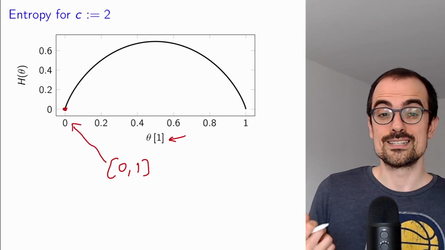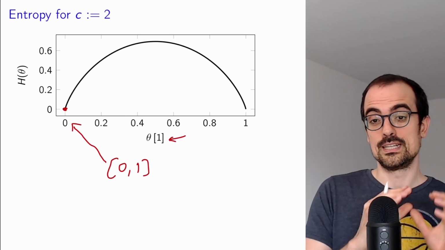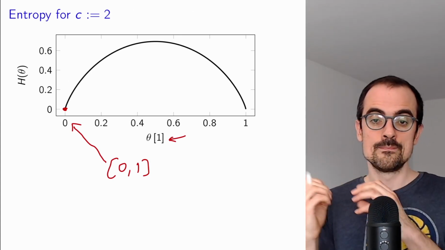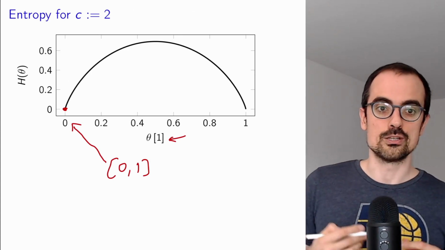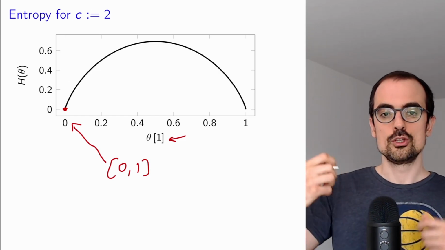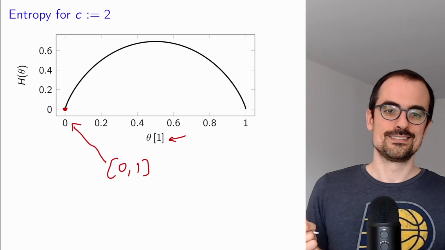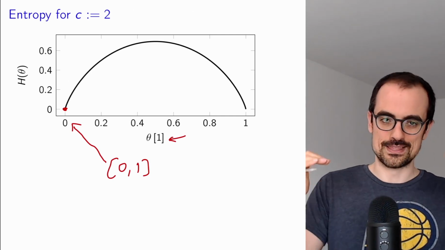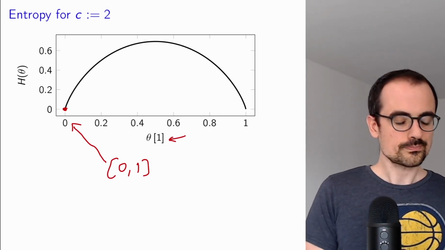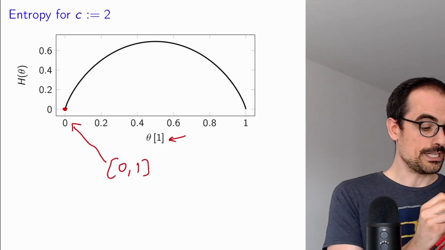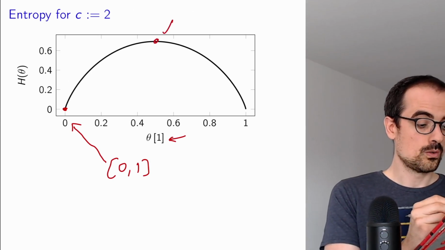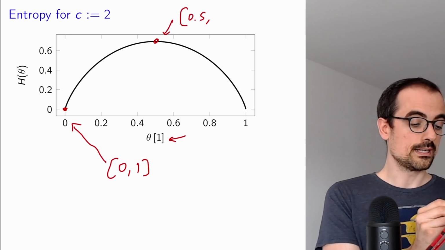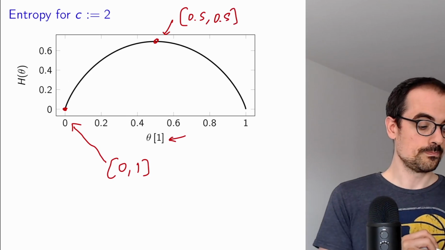Why? Because there's no uncertainty within the random variable, which in the framework of information theory, they connect uncertainty and information, because when the random variable is revealed, you have learned a lot. But if you always know the random variable is equal to 1, if it's revealed, you learn nothing. That's why the entropy is low. The entropy is maximal when there's 0.5 probability of seeing a 1 and 0.5 probability of seeing a 2.